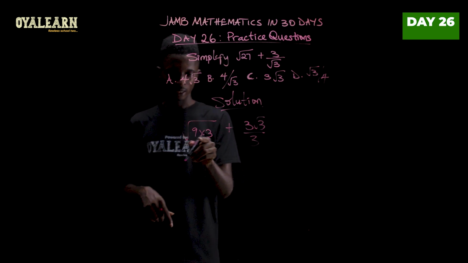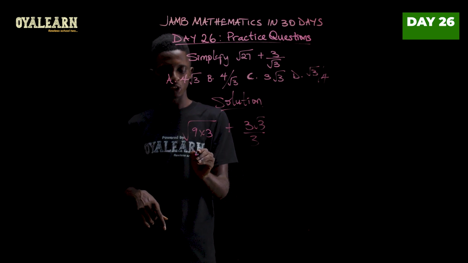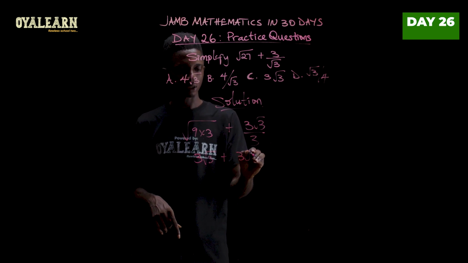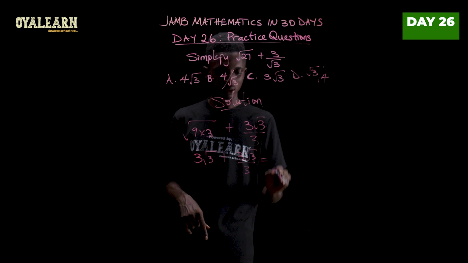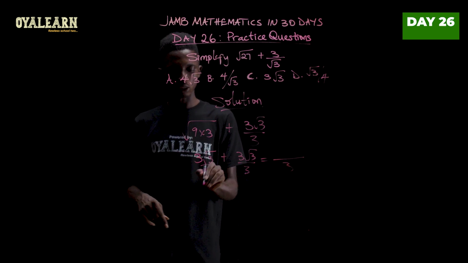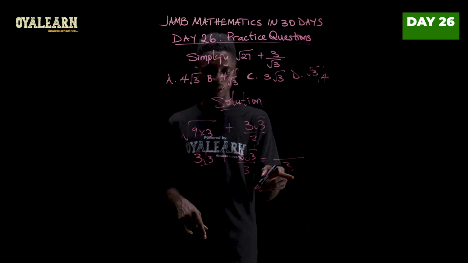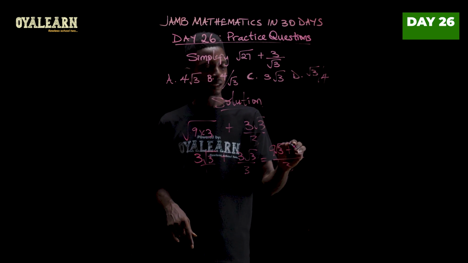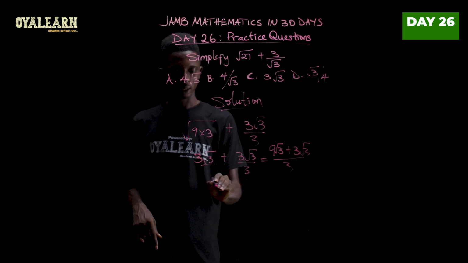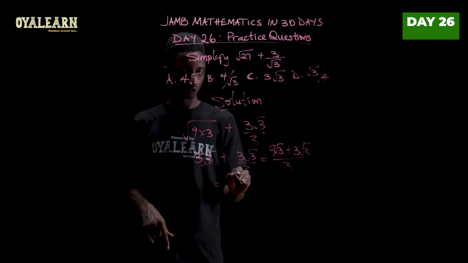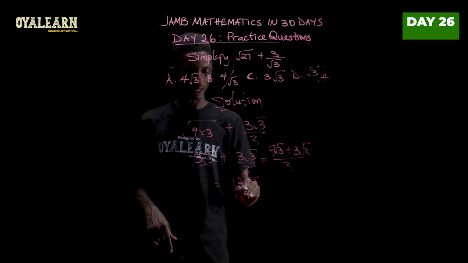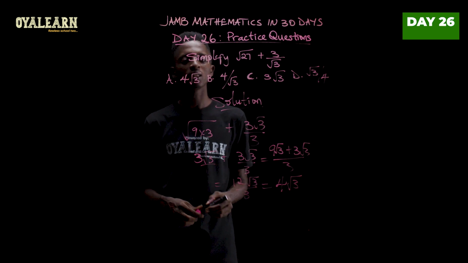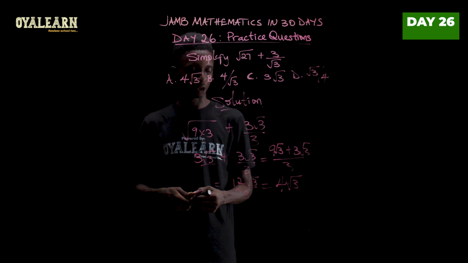Now, with what we have here, this can then be simplified to root 9, which is 3, then root 3 plus 3 root 3 over 3. So taking the LCM as 3, which would mean this is over 1. 1 here is 3. 3 times 3 root 3 will give you 9 root 3 plus 3 root 3. Now this will mean we have 9 plus 3, which is 12. 12 root 3 divided by 3. Now 3 will go in 12 4 times, so we get 4 root 3. So the correct option to go for here is option A.